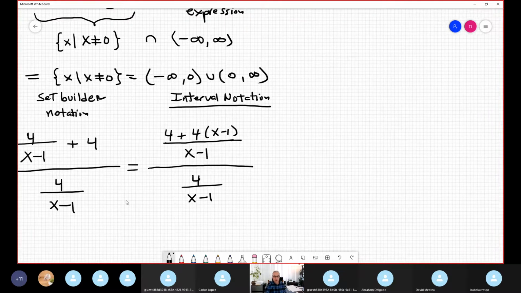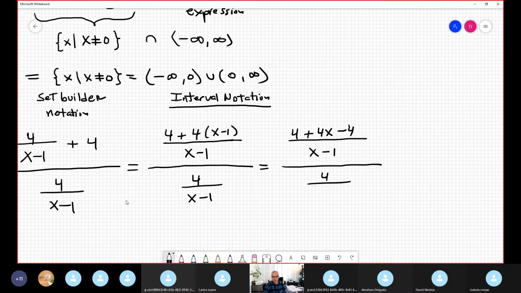Okay, let's continue the algebra manipulation. Why not remove the parentheses, which is 4 plus 4x minus 4, divided by 4 over x minus 1. So the only thing I did was distribute here. I can see that the 4 is cancelled. Positive 4 and negative 4 is 0. Done.